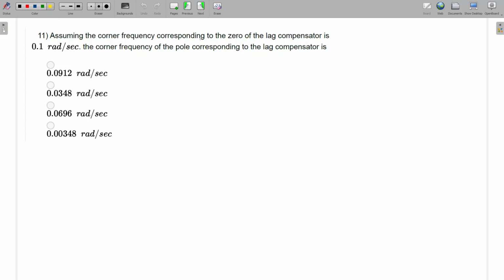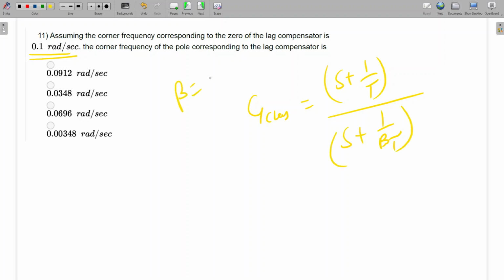The zero of the lag compensator is 0.1 radian per second. We need the corner frequency of the pole corresponding to the lag compensator. Zero means 1 by tau, so G C lag will be s plus 1 by tau, then s plus 1 upon beta tau. Beta we know as 2.9 approx. The zero is given, so 1 by tau will be equal to 0.1.